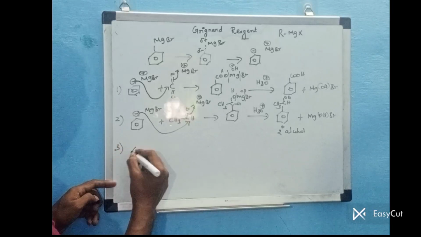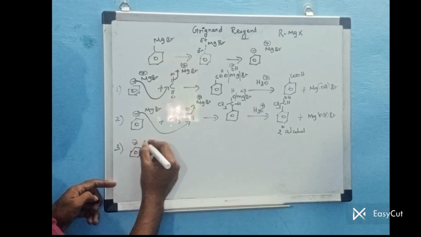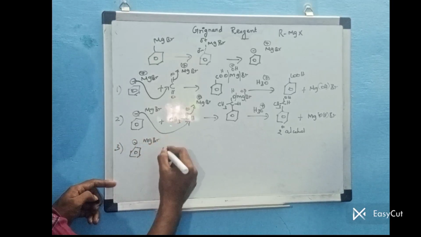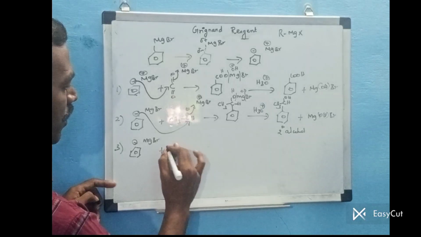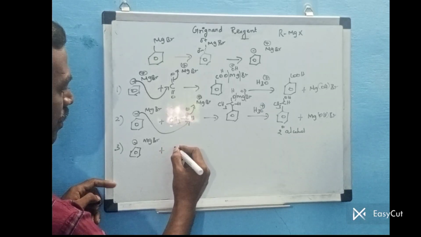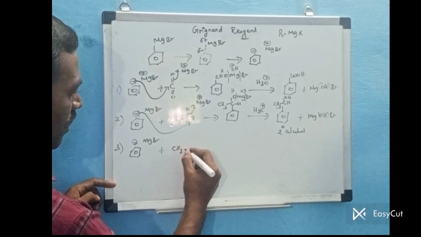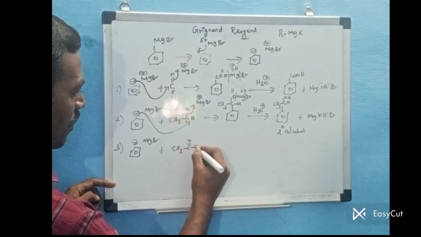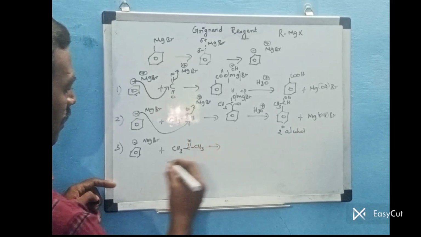Third example, the phenyl anion reacts with a ketone. I am going to take a simple ketone called acetone. What will happen?